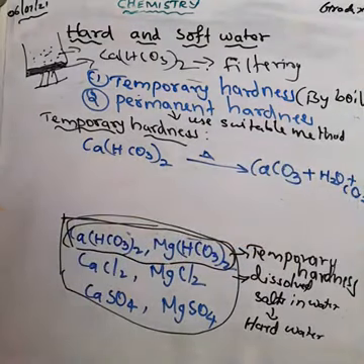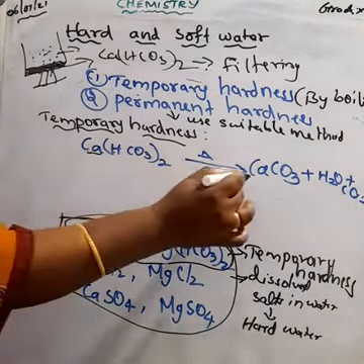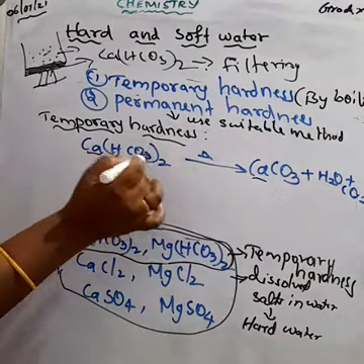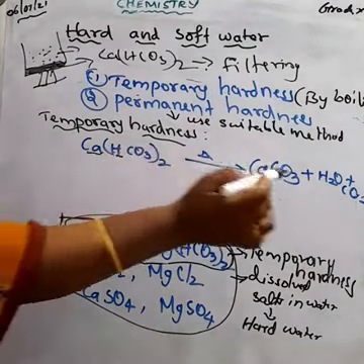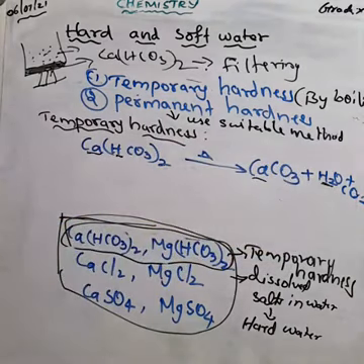So we have to balance the equation here. Calcium: on the reactant side only one calcium, here also only one calcium. Hydrogen: how much hydrogen on the reactant side? There are 2 hydrogens. On the product side, also 2 hydrogen atoms.